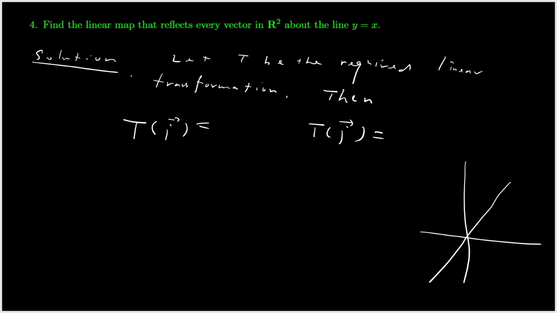So anybody want to tell me, i is here, right? So that's i. i has the two components 1, 0. So anybody want to tell me the output for the input of i in terms of components? The line of reflection is here.